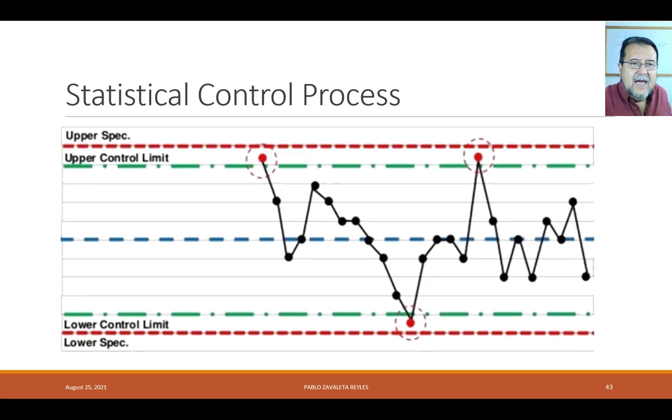Nevertheless, I identify immediately 3 points that are outside my control limits, even though they are within the specifications. Those 3 points demand my attention so as to have my process working exactly as I wanted.